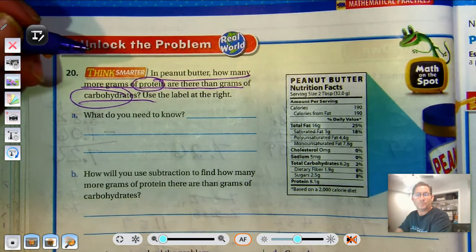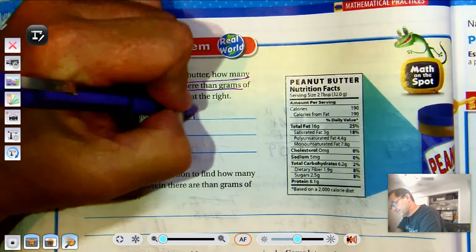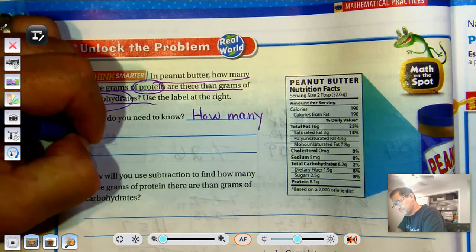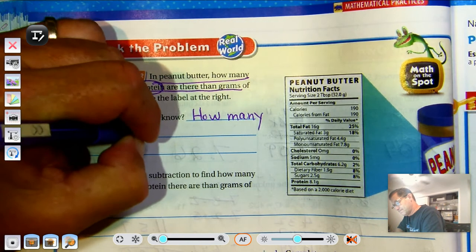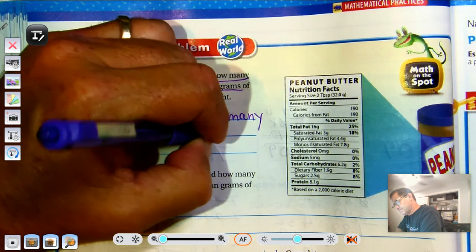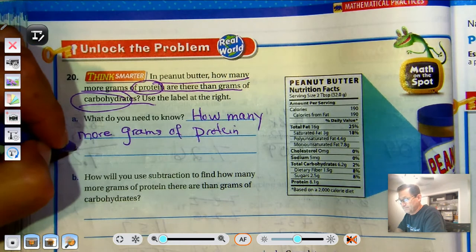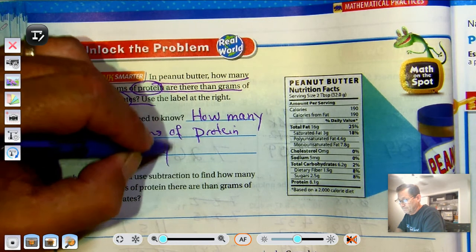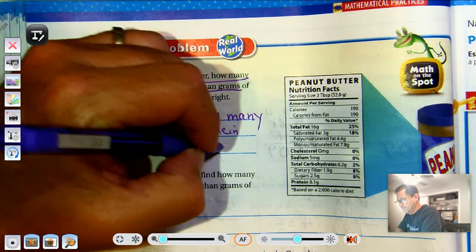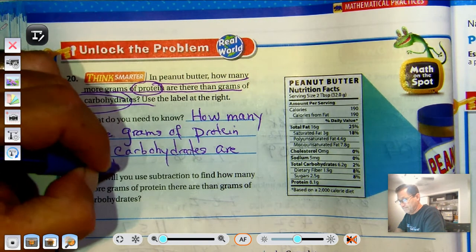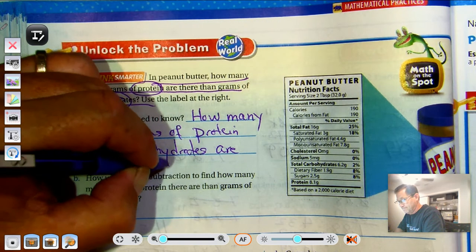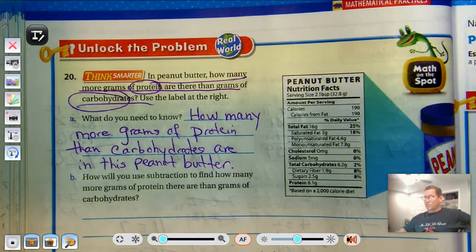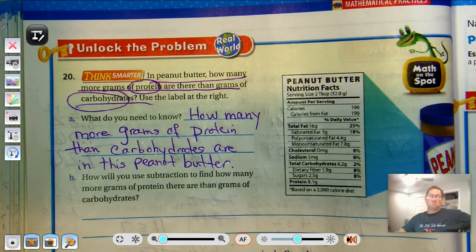So what do I need to know? How many more grams? How many more grams of protein than carbohydrates are in this peanut butter?